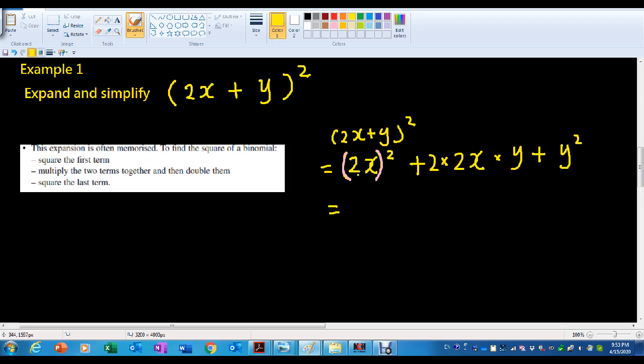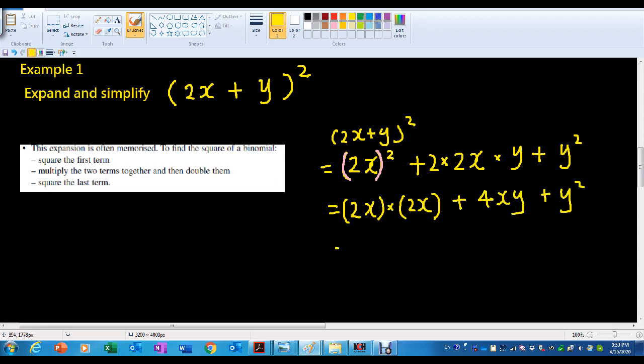Let's see what happened for the bracket 2x squared. We all know that's 2x as a bracket, and you need to multiply another 2x. For the middle term it is 4xy.